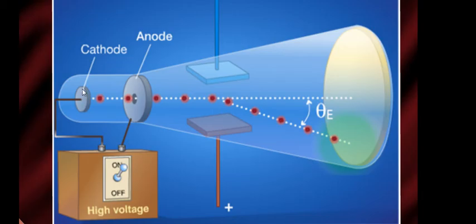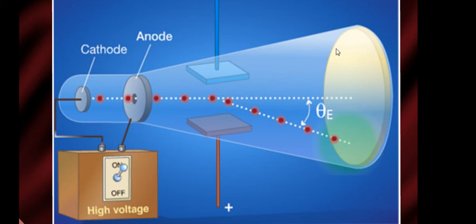Electrons are shot from this cathode right here. It's an abundance of electrons. It's called a capacitor, and it holds a bunch of electrons. And because there's an anode over here which attracts electrons, they get sucked off the cathode and fired towards the anode. But there's a hole in this anode which allows the electrons to pass through.